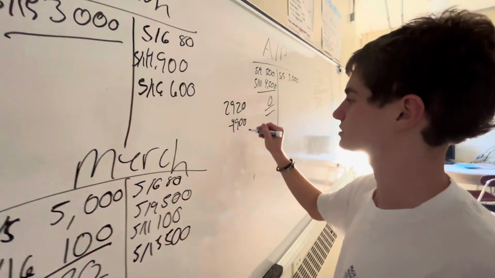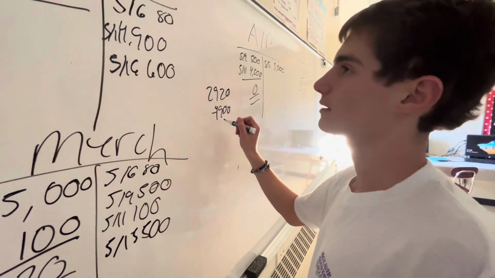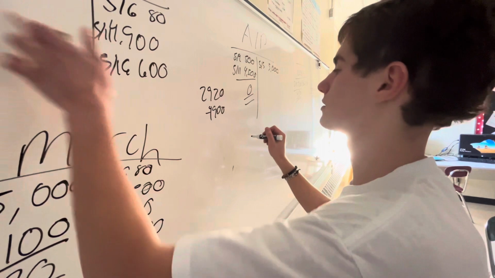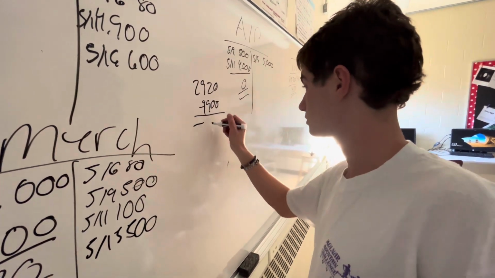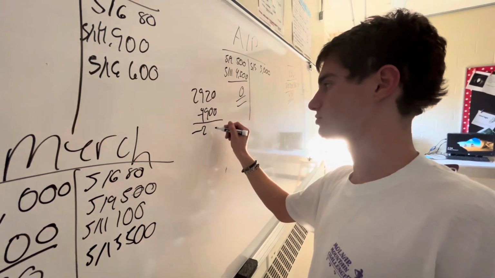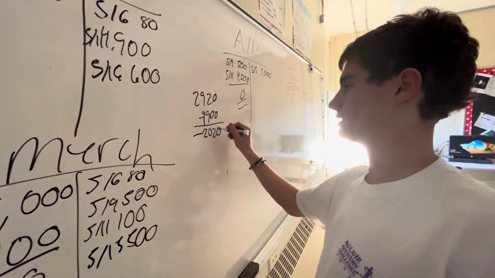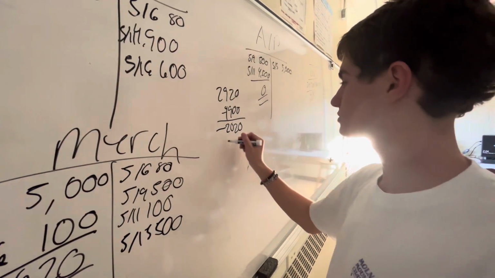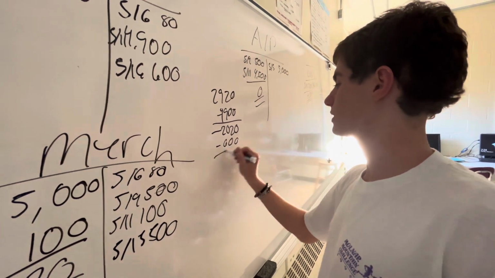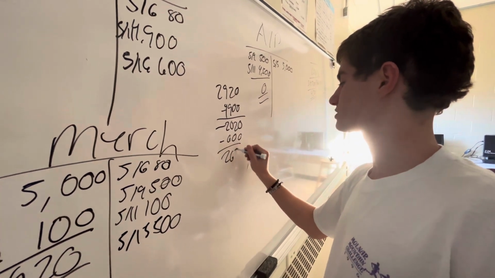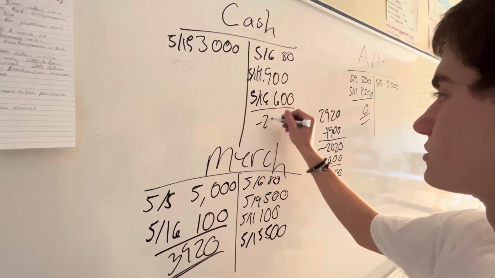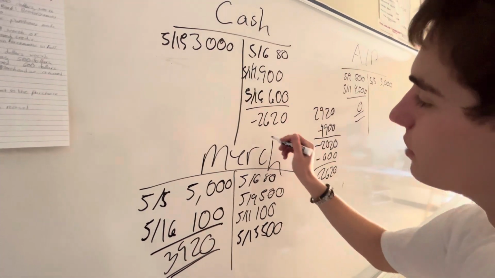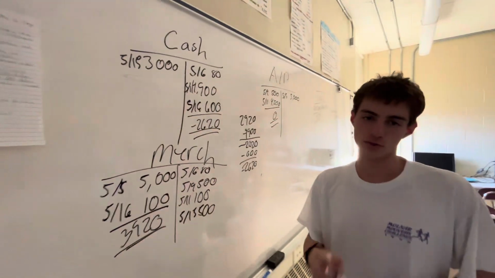So 4,900, and that would equal negative 2,020, minus another 600, and we are at negative 2,620. So right now we are currently in the hole $2,620, but that's all right because we'll get out of the hole.